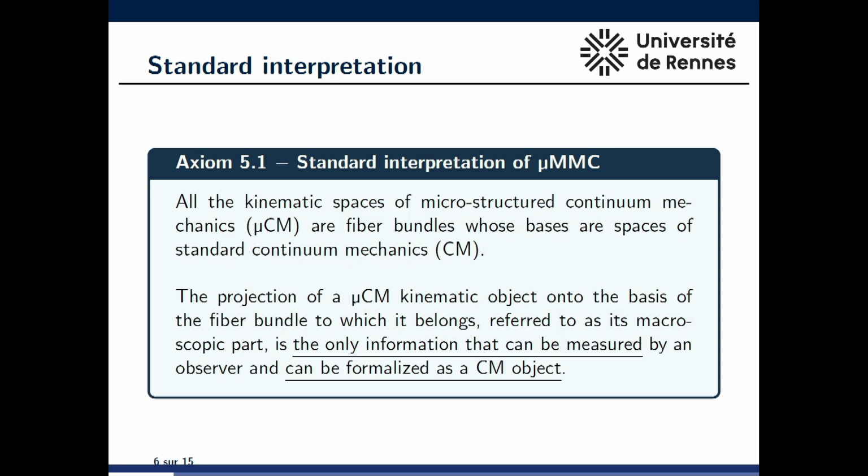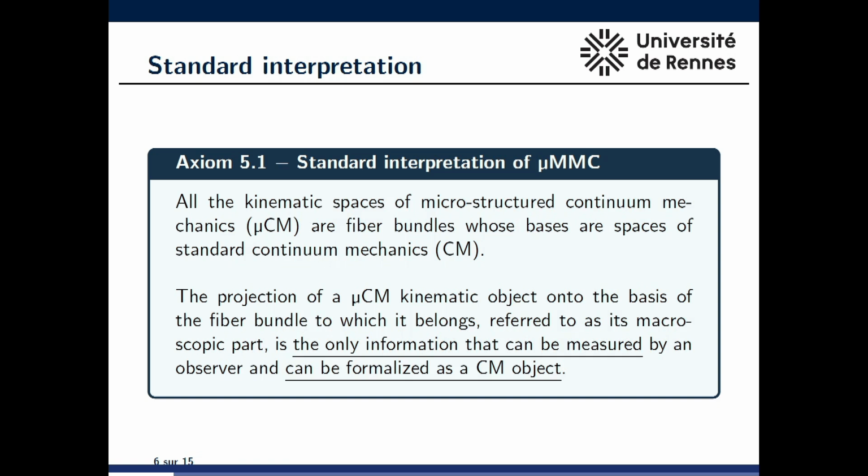All right. So all those definitions, these approaches, and this naming lead to a natural interpretation of our objects, which we call the standard interpretation. It basically says three main things. The first one is that every object of a microstructural material should be an element of a fiber bundle.